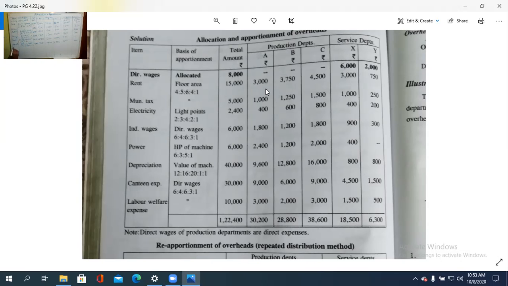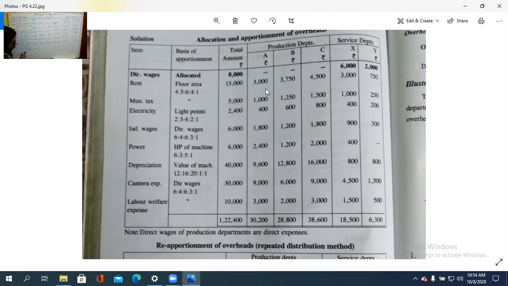Then canteen expenses. Canteen is based on the direct wages. Otherwise, number of workers is not given, isn't it? So direct wages, that is 6 is to 4 is to 6 is to 3 is to 1. So that is 30,000 to be apportioned among 10, 16, 19, 20.